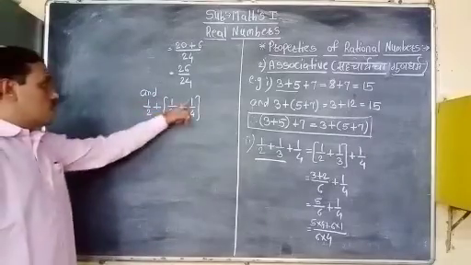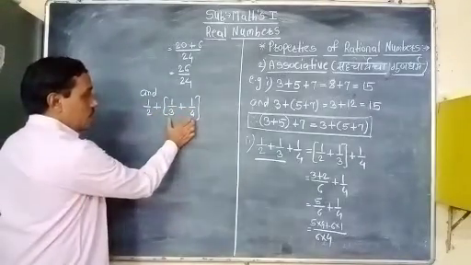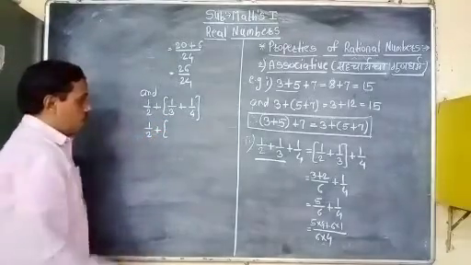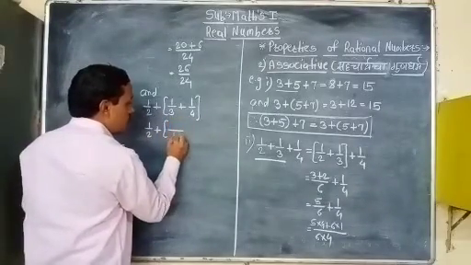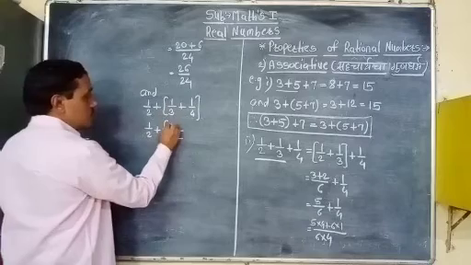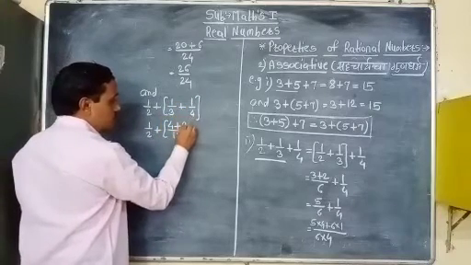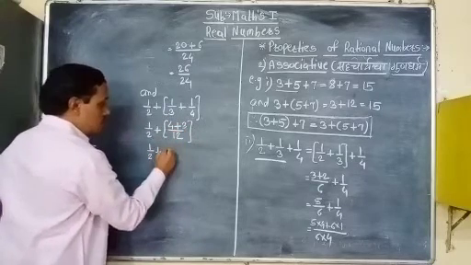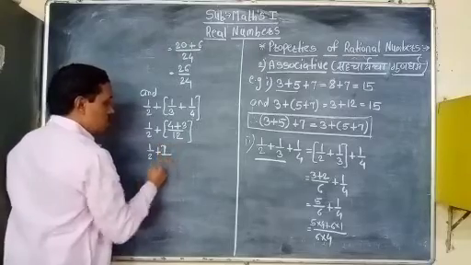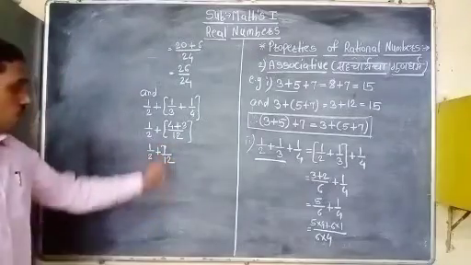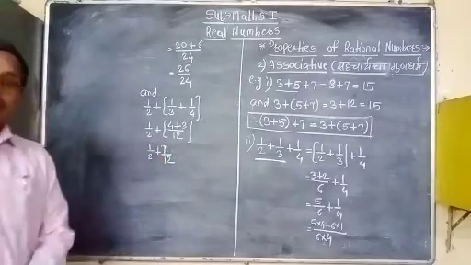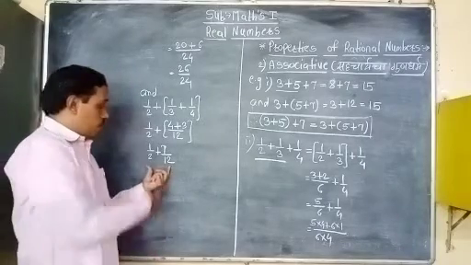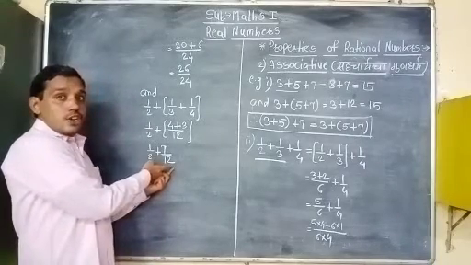Here the bases are not the same. 4 threes are 12, 4 ones are 4, 3 ones are 3, so 4 plus 3 is 7 by 12. Then after this, we add 1 by 2 and 7 by 12, and the denominator is 12.